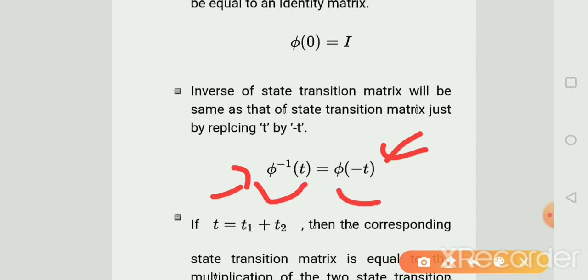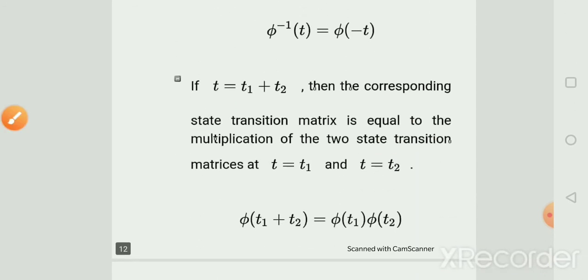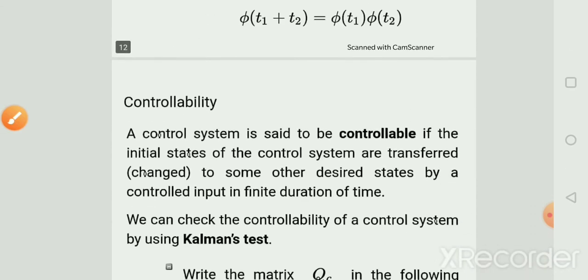So both values are the same. So we can represent it: the inverse transition matrix is phi of minus t. Now if we have t equal to t1 plus t2, then we can get the matrix phi(t1) into phi(t2). So these are the properties of the transition matrix.